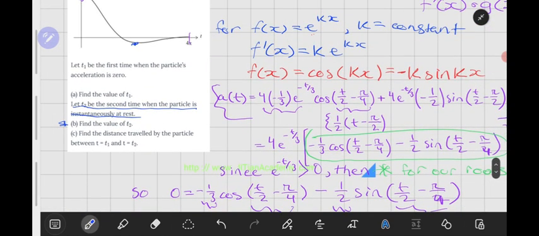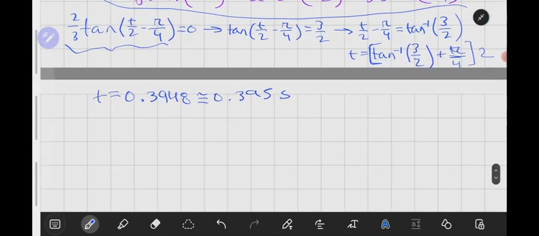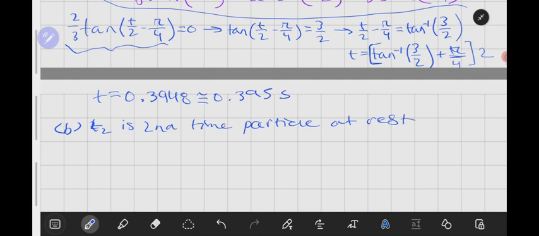So we must recognize that V at t2 is equal to 0.